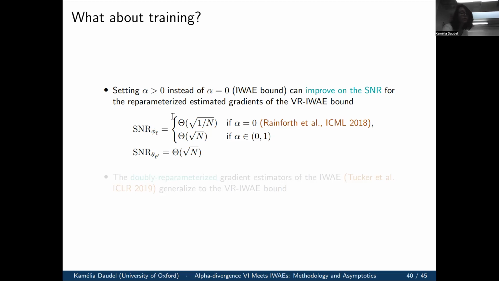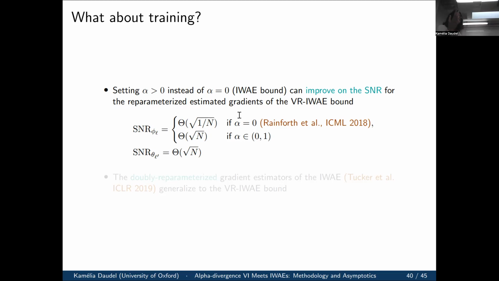Previous results show that if you look at the training of the parameter phi when you use the IWAE, you've got a problem, because as you increase n, the signal-to-noise ratio goes to 0. This is kind of bad news. We're trying to learn phi, but if you work with the IWAE bounds, you're not learning phi very well as you increase n. It's counterintuitive relative to what you would want in practice.